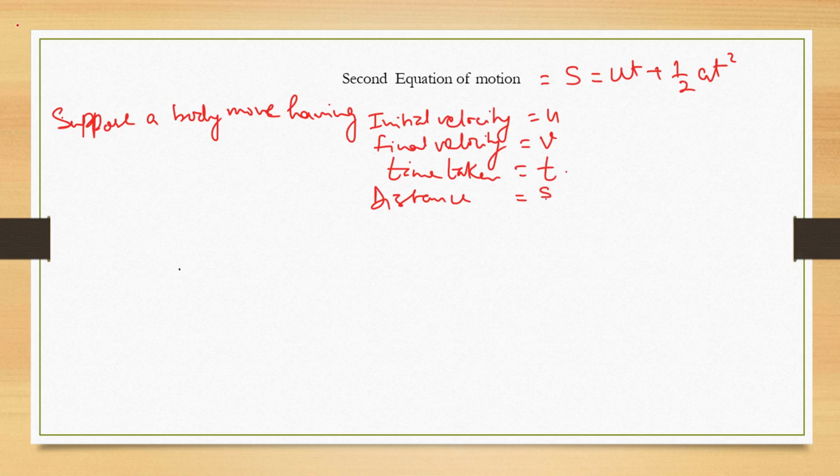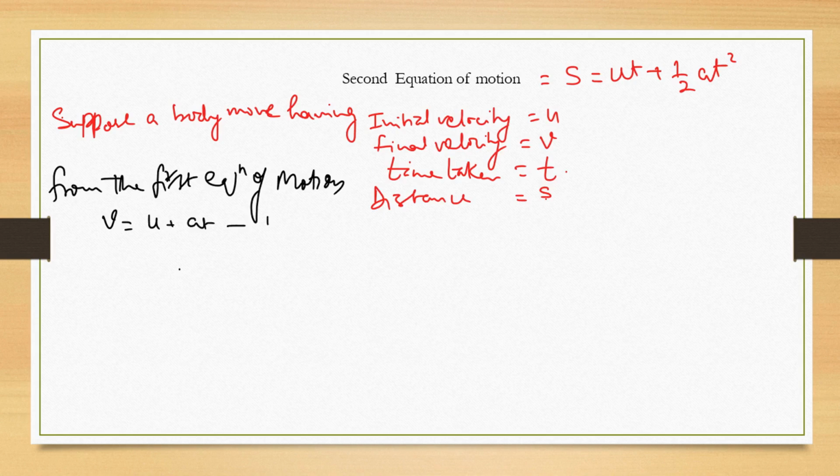Now from the first equation of motion, we have v is equal to u plus at. Take it as equation 1.